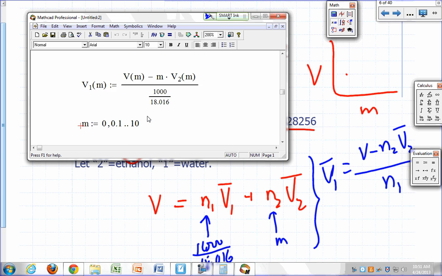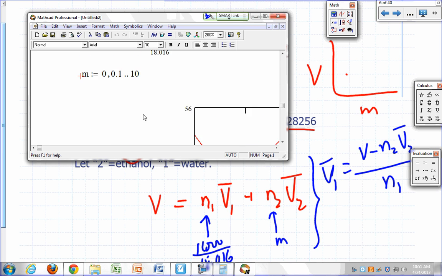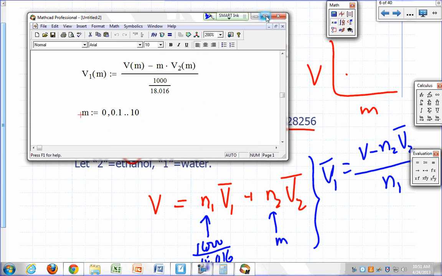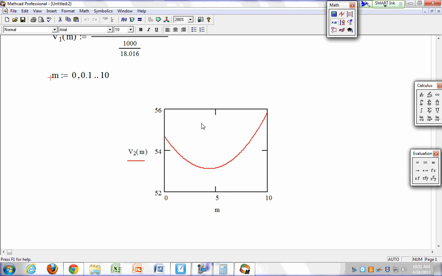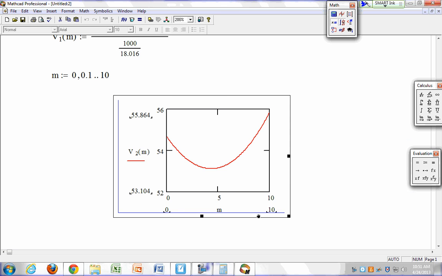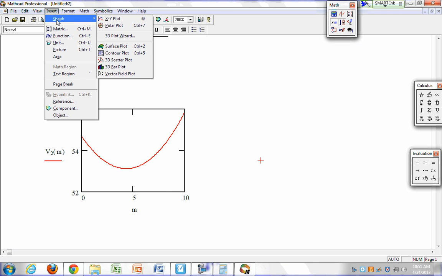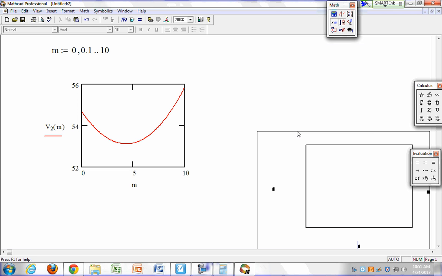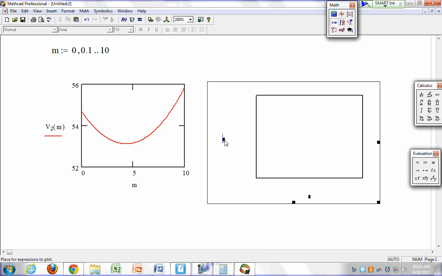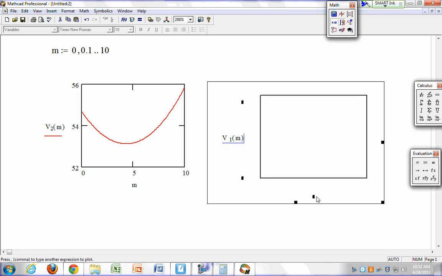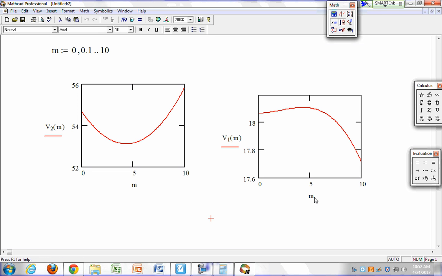And I'm just leaving out the units. So that's your partial molar volume of water. So if you were to do that plot, insert graph, XY plot, I'm going to plot V1 of M versus M, and that's what I get.